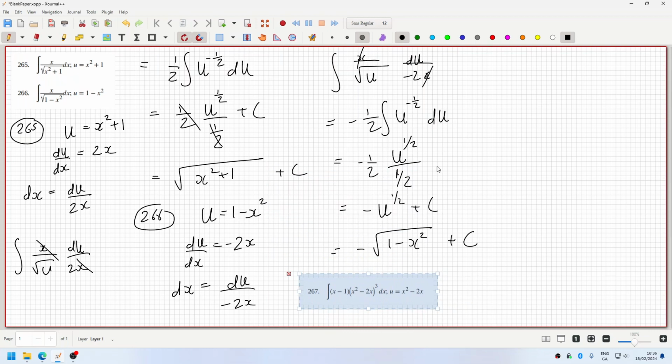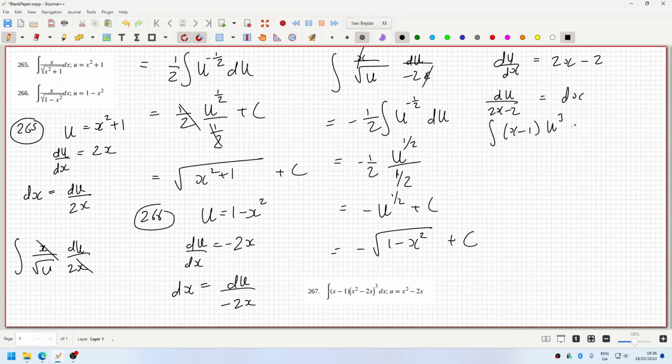267. So that means du dx equals 2x minus 2. So that's du over 2x minus 2 equals dx. So this integration becomes integration of x minus 1 u cubed du over 2x minus 2.